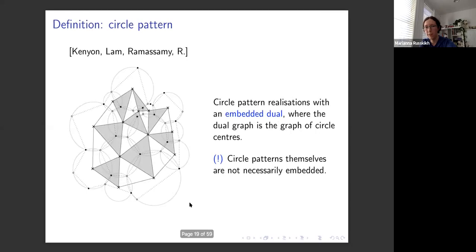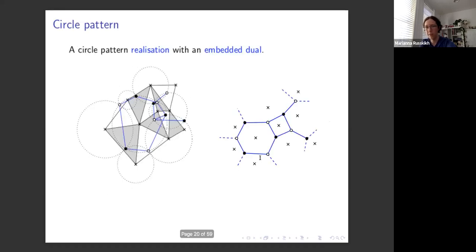And what we are interested in are circle pattern realizations with an embedded dual graph, with the dual graph embedded as the centers of this circle pattern. Note that the circle patterns themselves are not necessarily embedded. So what does it mean? Here is an example. Let us consider this small portion of a planar bipartite graph together with its dual. And this is a circle pattern realization with an embedded dual.